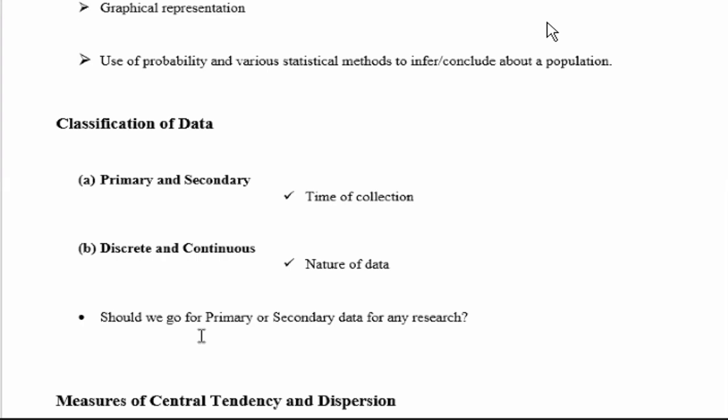If the secondary data are available and there is no problem of their obsolescence, or the unit of measurement, or the type of the characteristic data which you are interested in for your research, and you find this data fit for your study, then we should go for secondary data. Otherwise, if the data are not available, then we collect primary data. There are certain merits and demerits of both that we will study in detail.